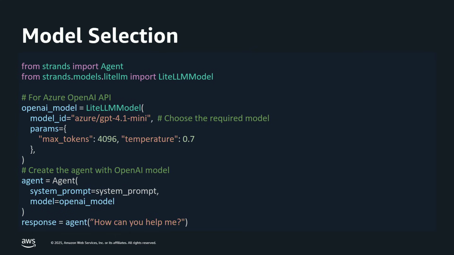Sometimes there are models that work for certain use cases better than others. Maybe it's a specific type of generation, a specific task, or maybe there's a price performance component. With Strands, you have the flexibility to make that choice, to tune your agent, and to configure it in a way that meets your needs and your use cases as you see fit.